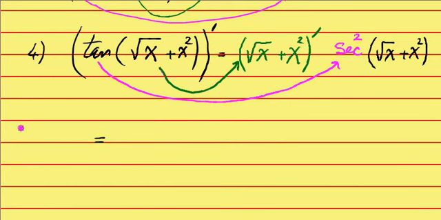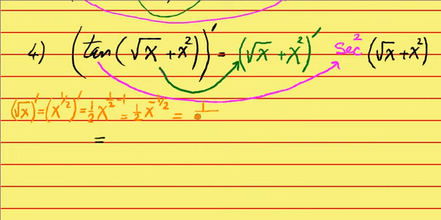So maybe I write it on the side. How do you differentiate radical x? Let me write in different color. Radical x, you want to differentiate that. If you haven't memorized the formula yet, you write in exponent notation, then differentiating it, 1/2 x to the power of 1/2 minus 1. That's going to be 1/2 of x to the power of minus 1/2.